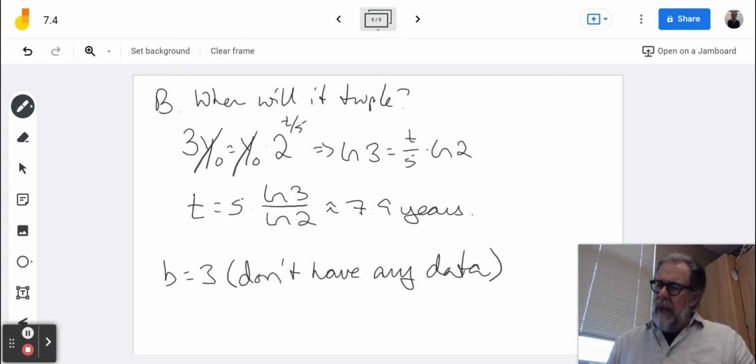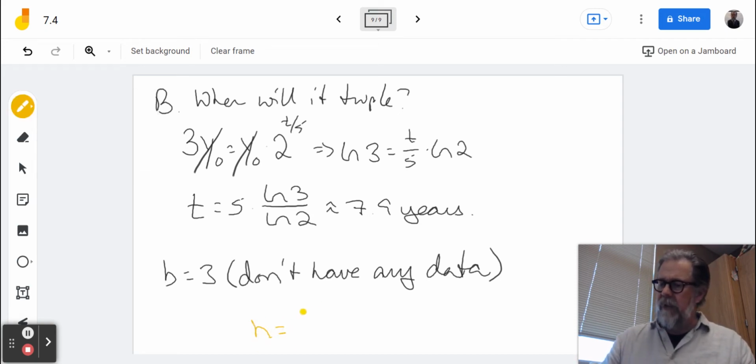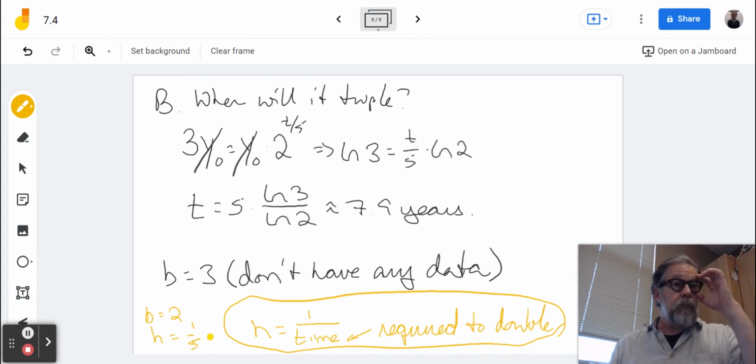But what I do notice from this, and this is something that maybe we can take away, is that our value of h was 1 over the time, and it's 1 over the time required to double in this case. So if I'm going to use a double, which means that b equals 2, then h is equal to 1 over the time it took to double.